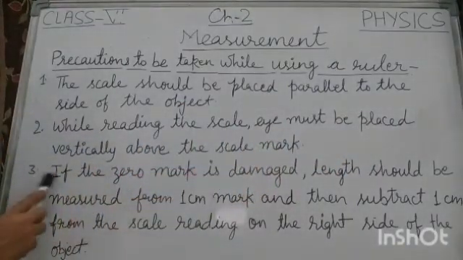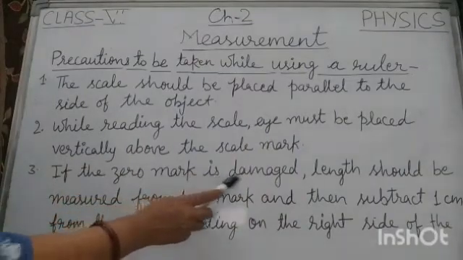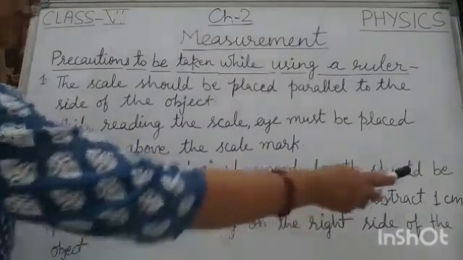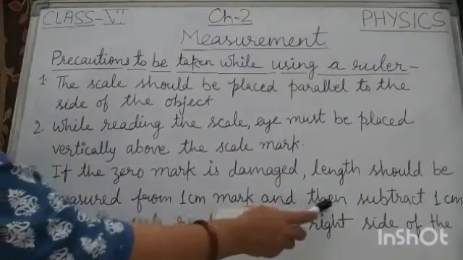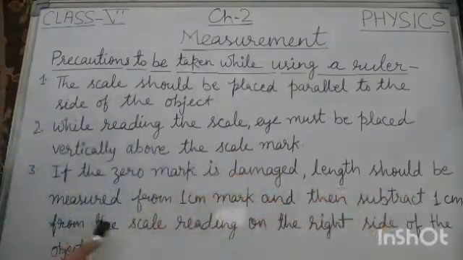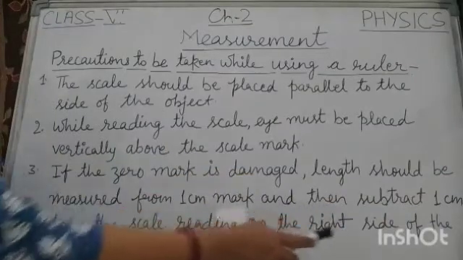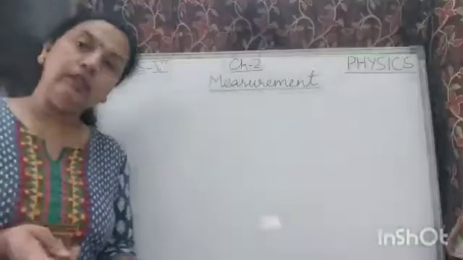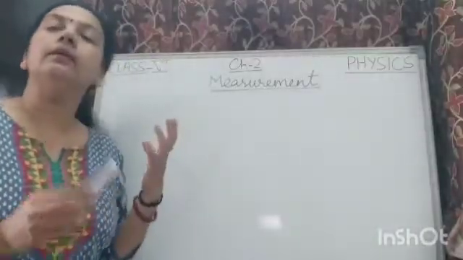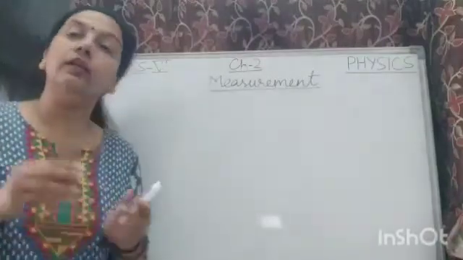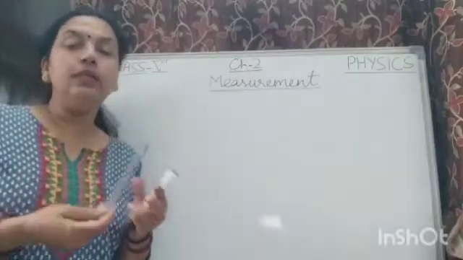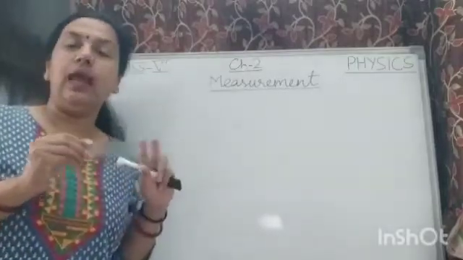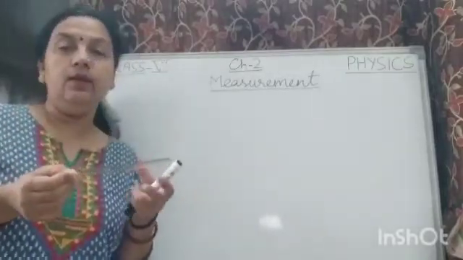And number 3, if the 0 mark is damaged, length should be measured from the 1 centimeter mark and then subtract 1 centimeter from the scale reading on the right side of the object. So children, this third precaution is very important. If you understand it very well, then you can easily use a broken scale and you can get the correct reading.